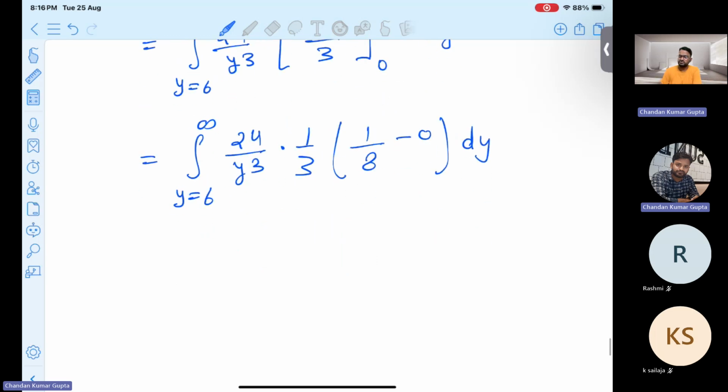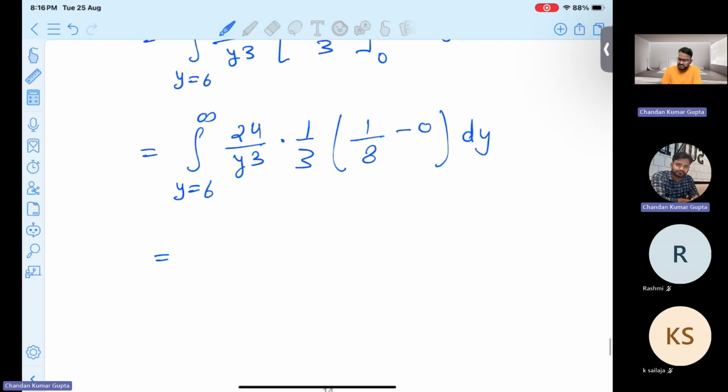If you look, we can simplify this as 1 upon y cube dy, because 1 by 3 into 1 by 8 comes out to be 1 by 24, and the 24 in the numerator cancels out and gives 1. So this is our numerator now.